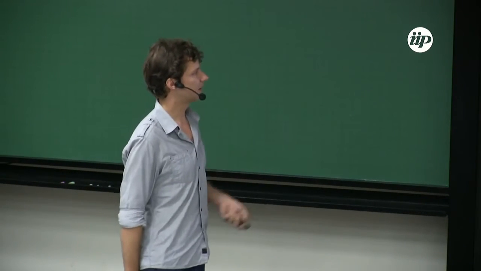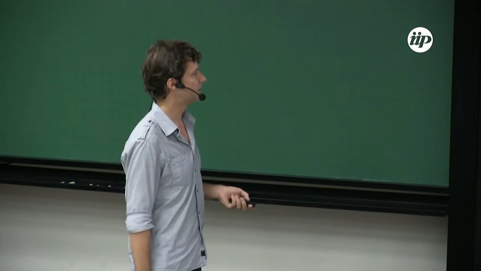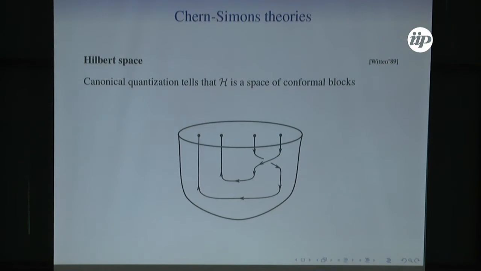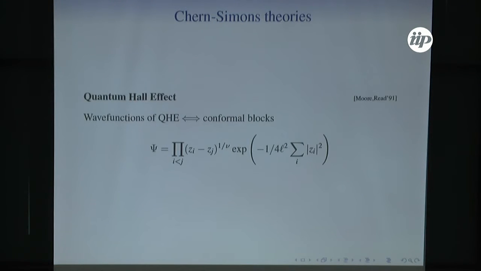So this picture in particular prompted people in the beginning of the 90s, as one of the applications, to associate the states of the quantum Hall effect with conformal blocks. Because if you assume that the quantum Hall effect is described by Chern-Simons theory, then you can think of this correspondence between states of Chern-Simons and the states of conformal blocks.